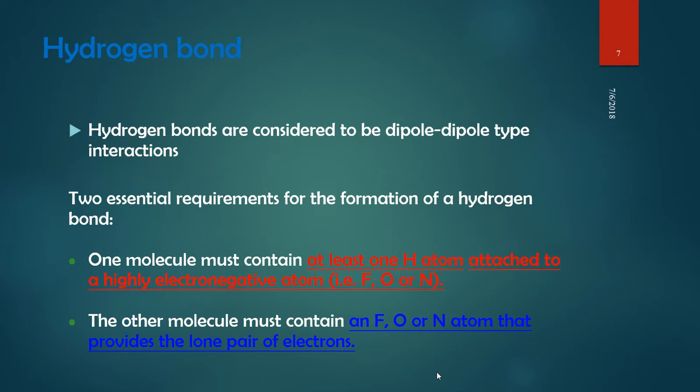One molecule must contain at least one hydrogen atom attached to a highly electronegative atom, and the other molecule must contain an F, O, or N atom that provides the lone pair of electrons. This contributes to the degree of polarity: the hydrogen atom is positive, and the FON atom is negative.